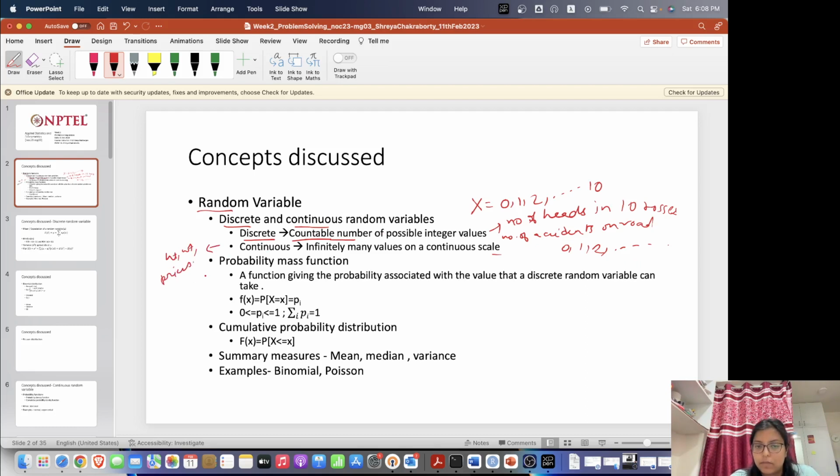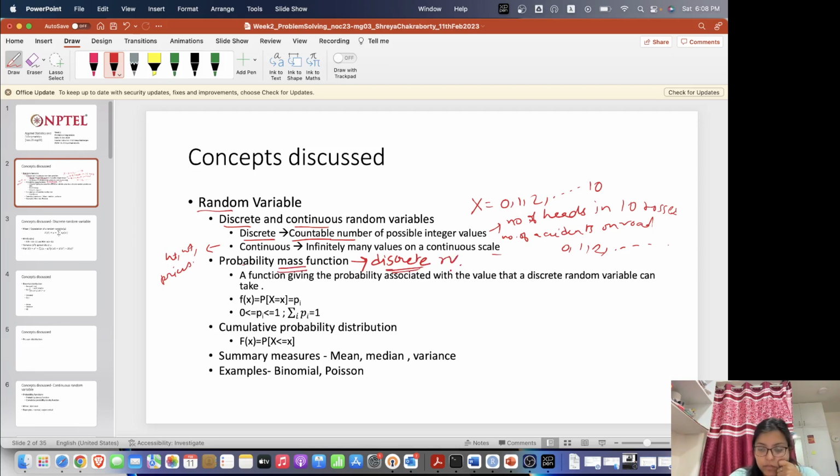And it was discussed what we mean by a probability mass function, which, we should be very careful, is associated with a discrete random variable. A mass function is always associated with a discrete random variable.